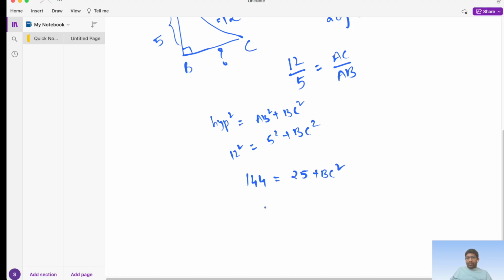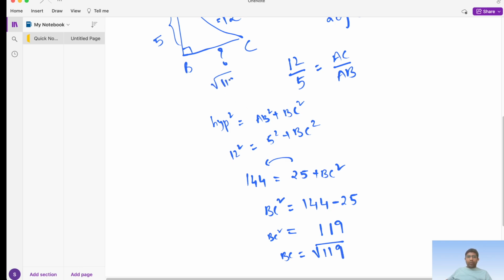So BC square would be 144 minus 25. If we take this plus 25 to the other side, it will become minus. So 144 minus 25 is 119. BC is equal to root of 119.